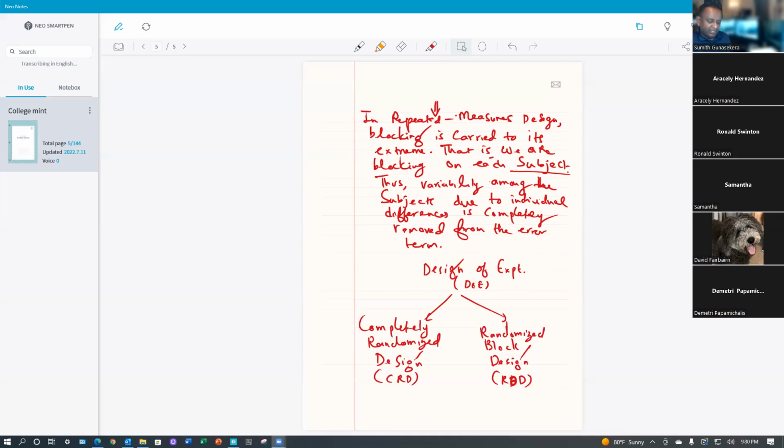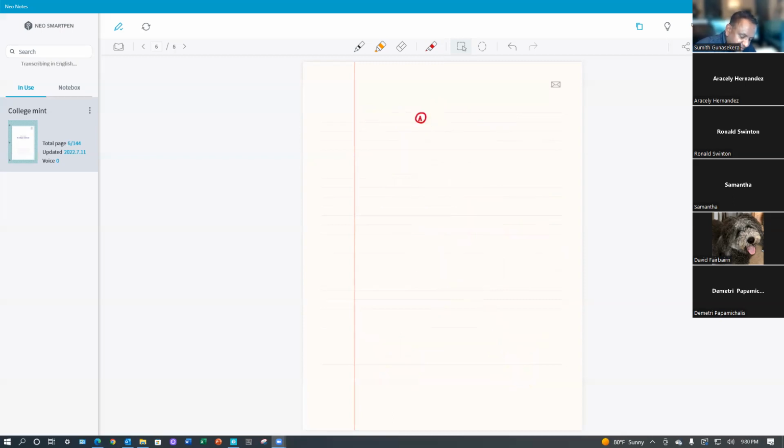Let's take another example. I'm going to have several golf ball brands: A brand, B brand, C brand, D brand. How are we going to figure out which brand is the best one to utilize?